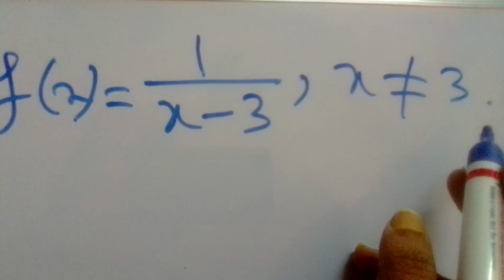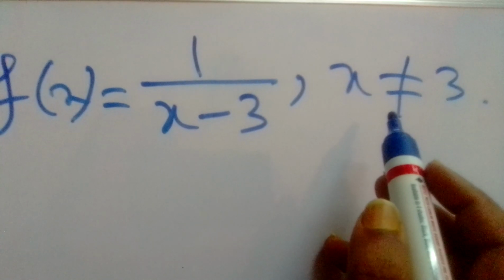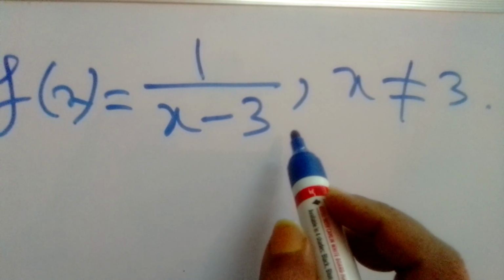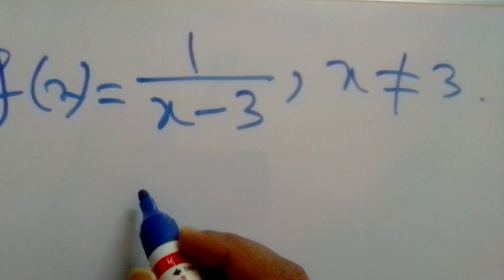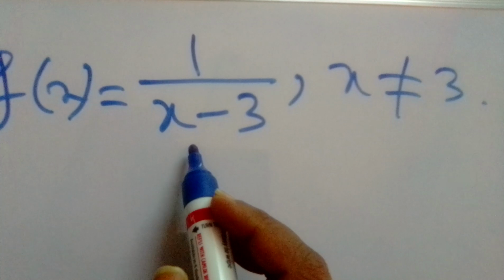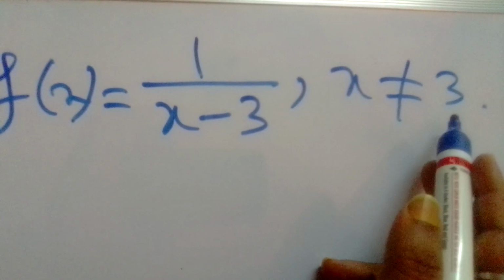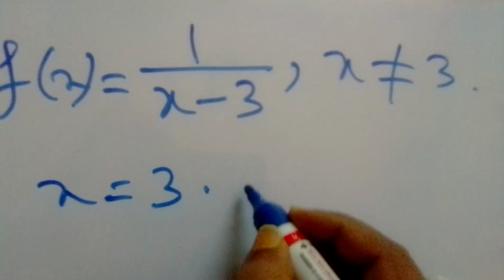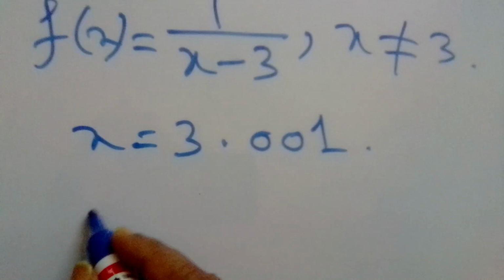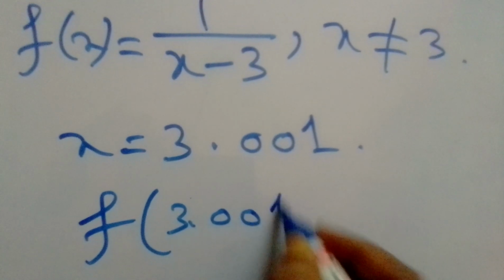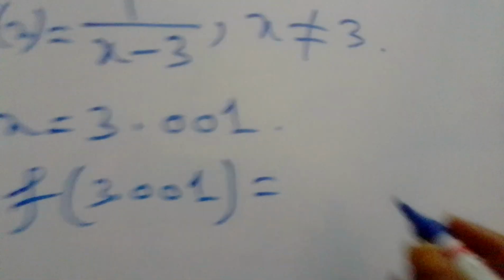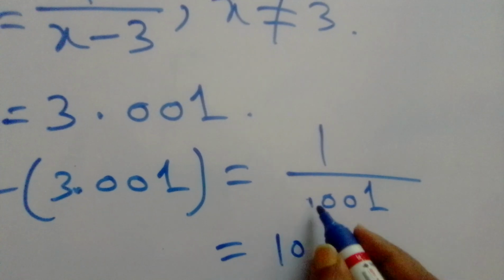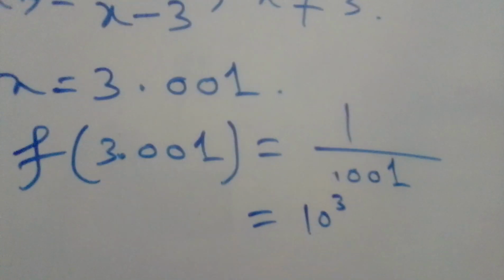Taking values outside the point 3, in the neighborhood of 3, if we test at x equals 3.001, then f(3.001) goes to 1/0.001, which is a higher result, 10 to the power 3. That's a bigger result.